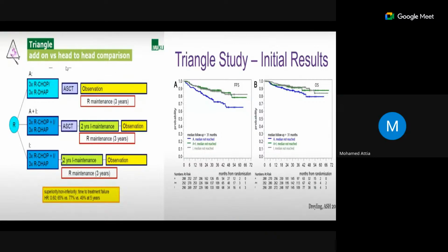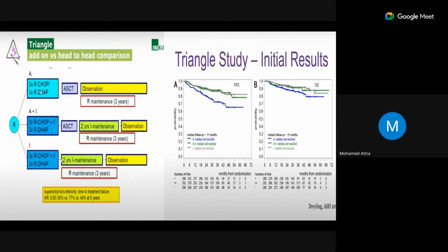The first one is a very important trial, actually, the TRIANGLE trial, in which we see the alternation between R-CHOP and R-DHAP followed by stem cell therapy, and followed by observation or maintenance for the second arm, using ibrutinib and followed by maintenance of ibrutinib directly.